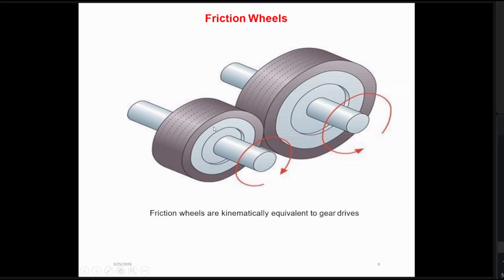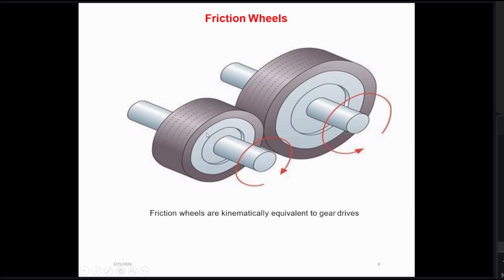So why two terms? Pinion and gear. There are two specific terms. We call it pinion and gear. These are the terms, right? So always the pinion refers to the smaller gear wheel. The term wheel or gear is for the larger one.